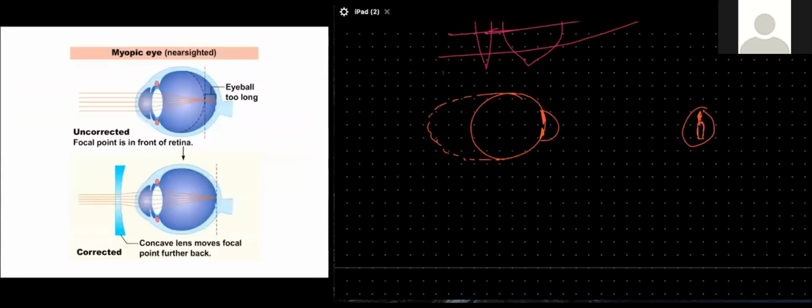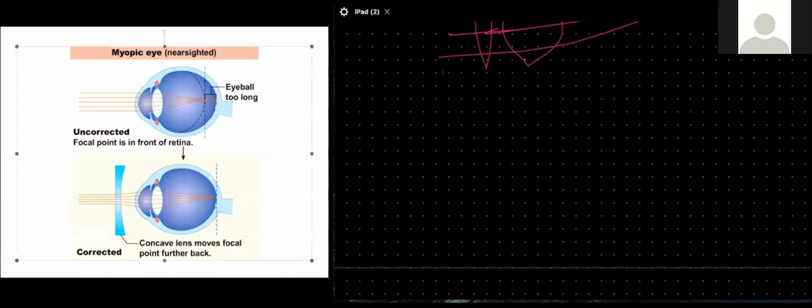As you see on here, I have a myopic eye. So if we're looking at this diagram, light rays would be converged and fall on the retina.